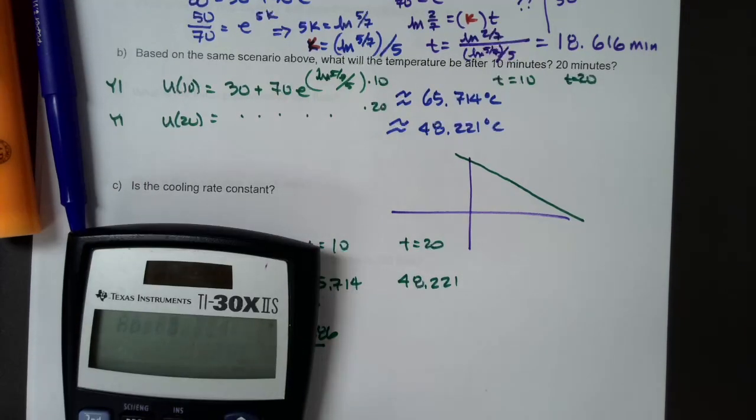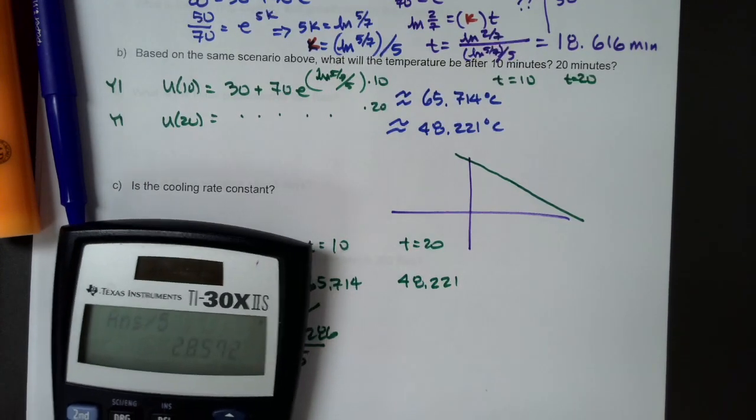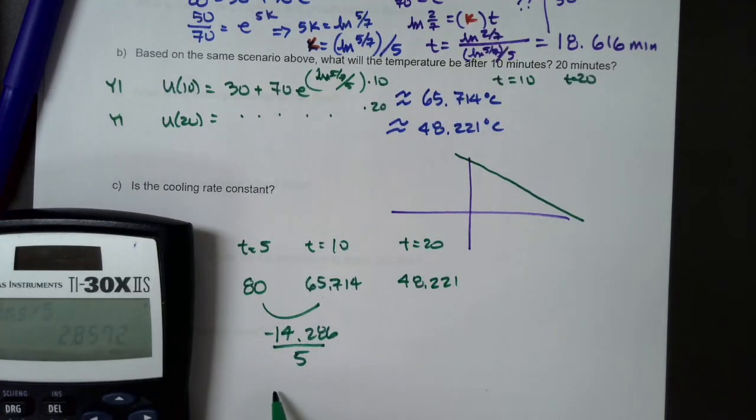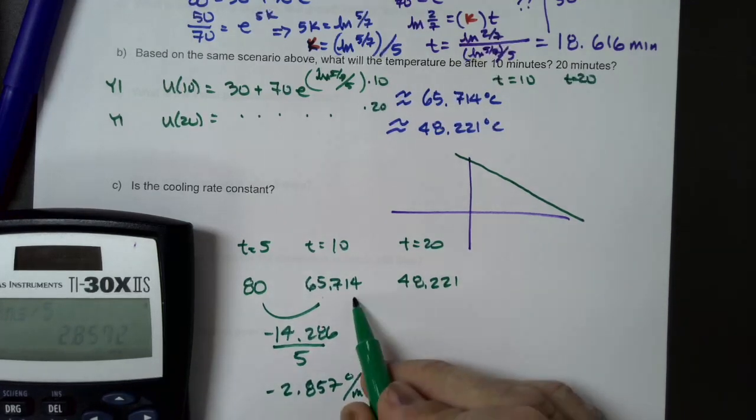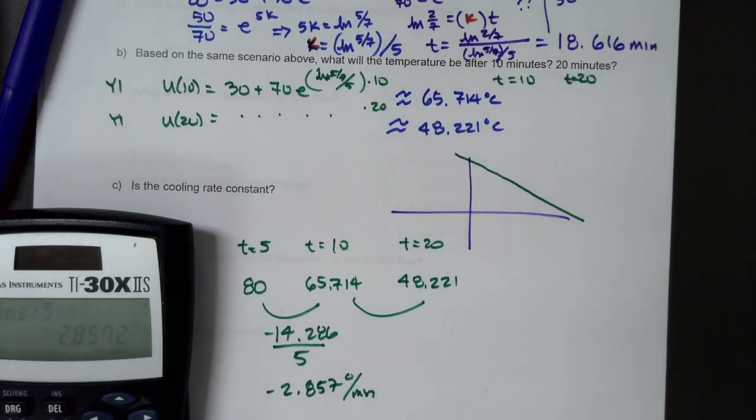If I divide that by 5, it gives us a rate of negative 2.857 degrees per minute.